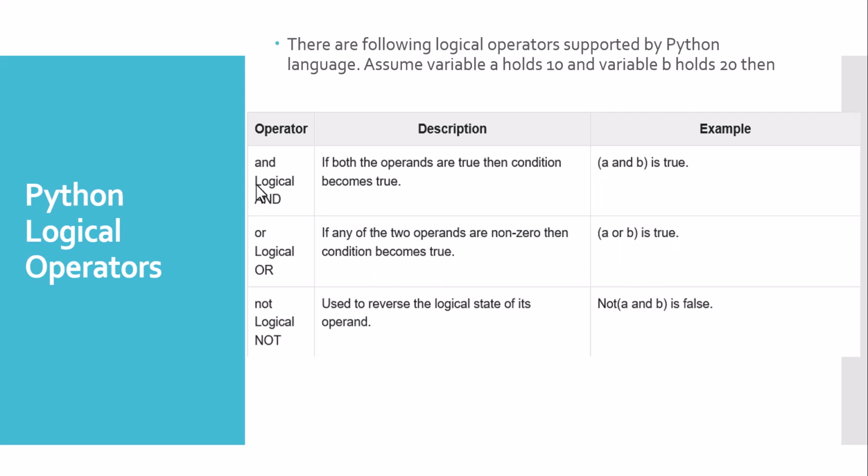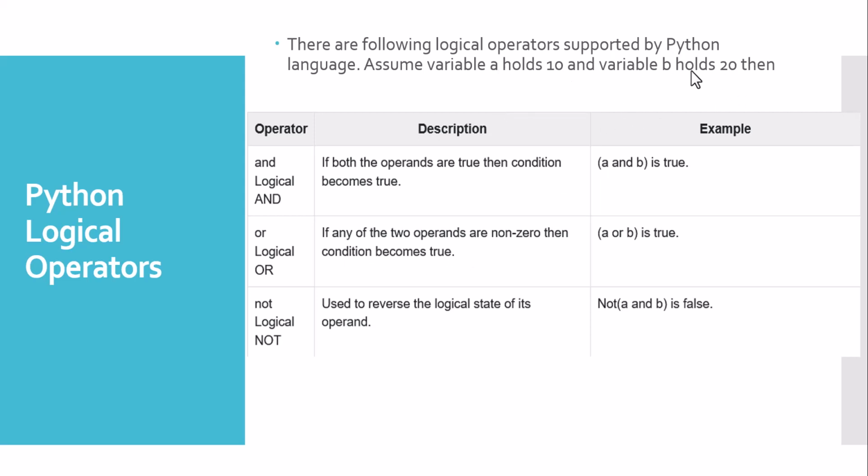See, and if both the operands are true, then the condition becomes true. Means it will not be 0, and the other will also not be 0. If both have a number, then it is true. Similarly logical OR: if any of the two operands are non-zero, then the condition becomes true. If any one of these is non-zero, then true.